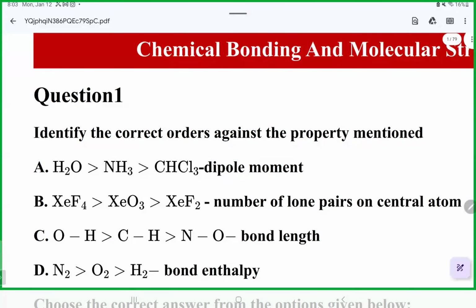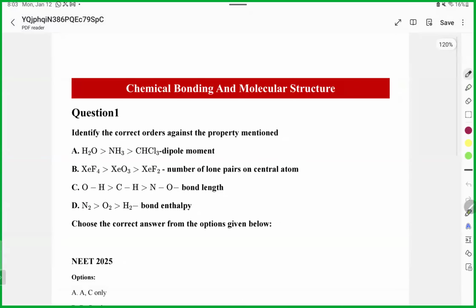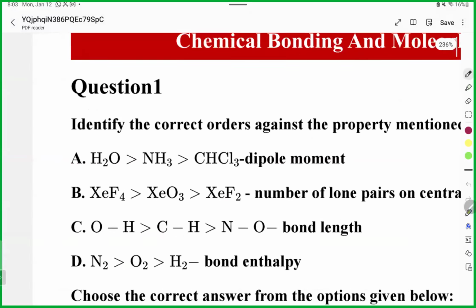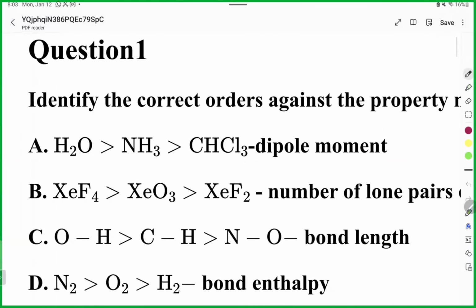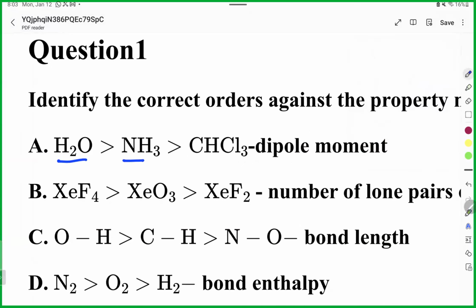Chemical bond. If you see H2O, ammonia and CHCl3, what will happen? Is this dipole moment correct option?